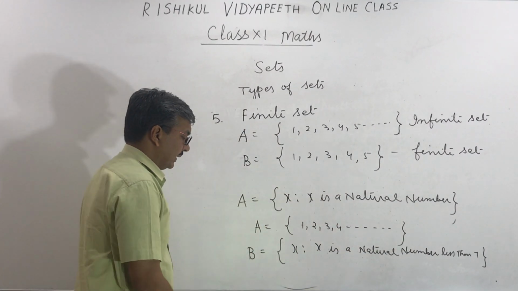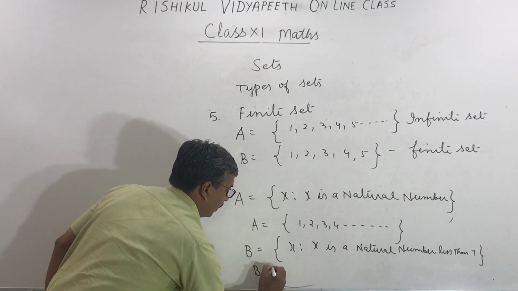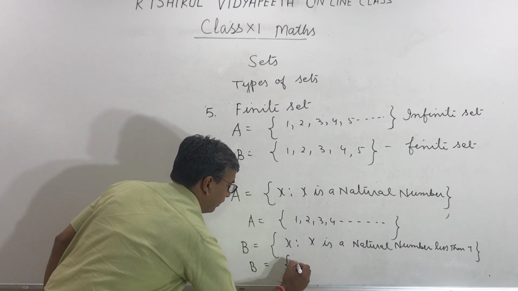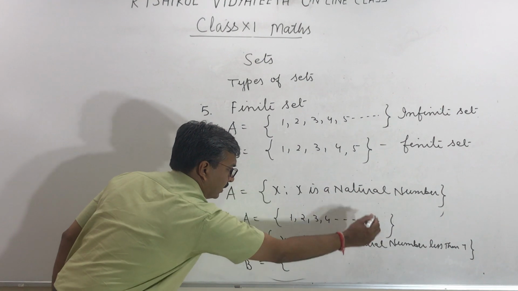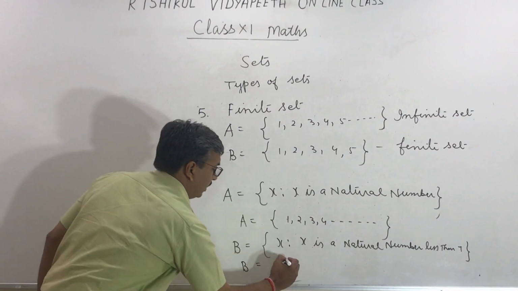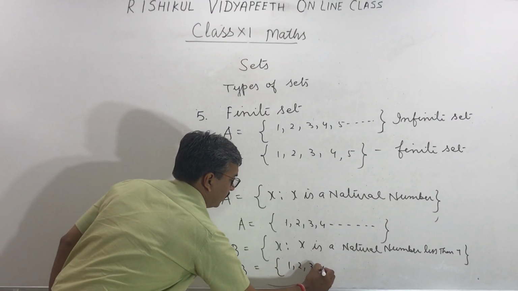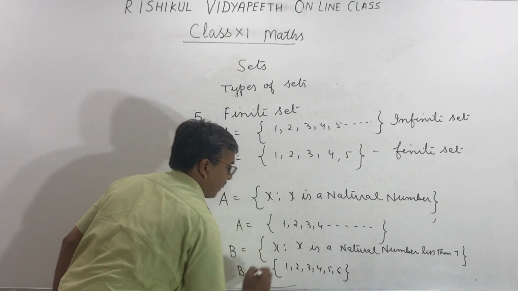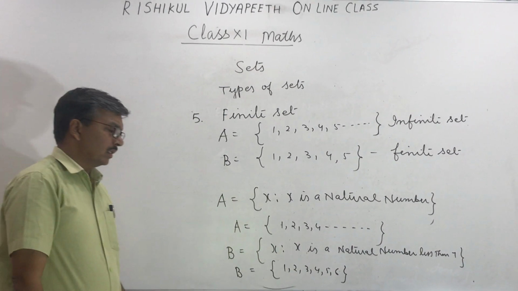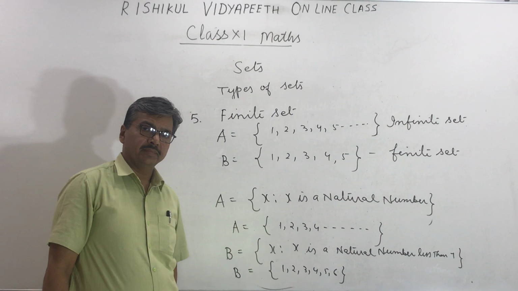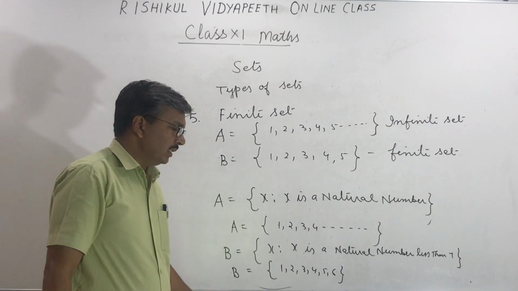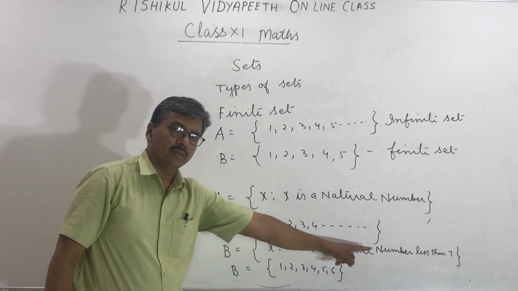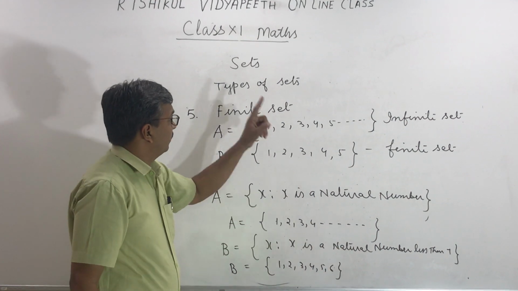If I write this set in roster form, it will become B = {1, 2, 3, 4, 5, 6}. How many elements are there in this set? 6. They are countable, and that's why this is an example of a finite set.